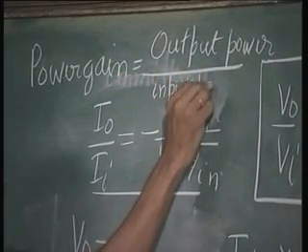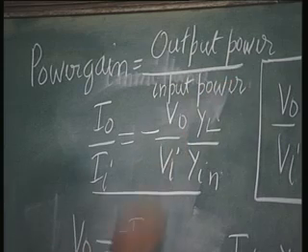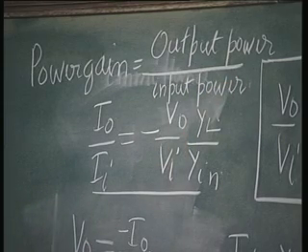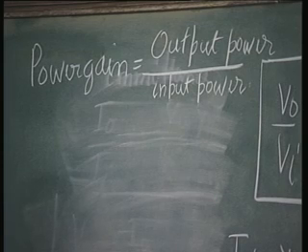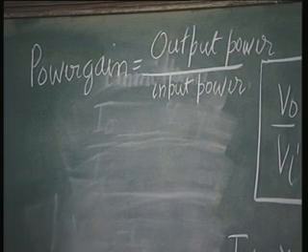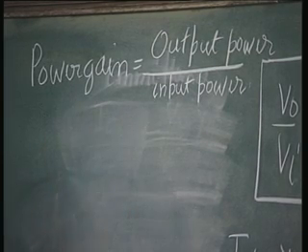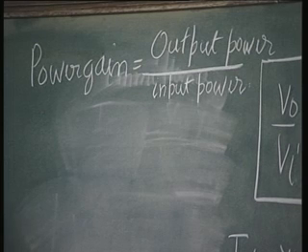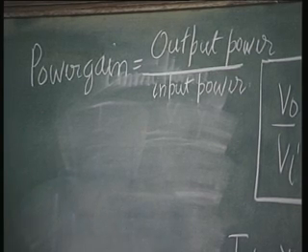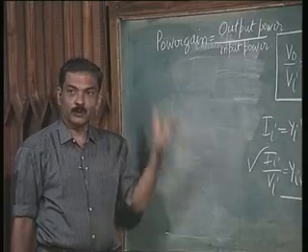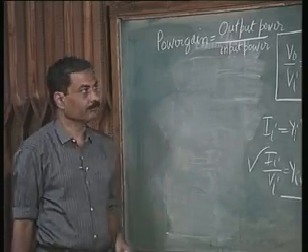This is one way of defining power gain. There are several other ways, but this is the most common way of defining power gain. Let us now see how this can be evaluated in general. We have done this already for amplifiers. Let us do it for a two-port general network.